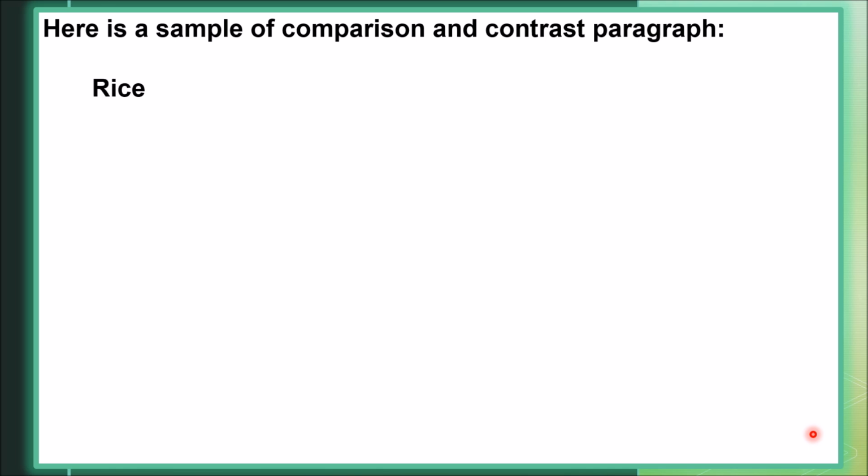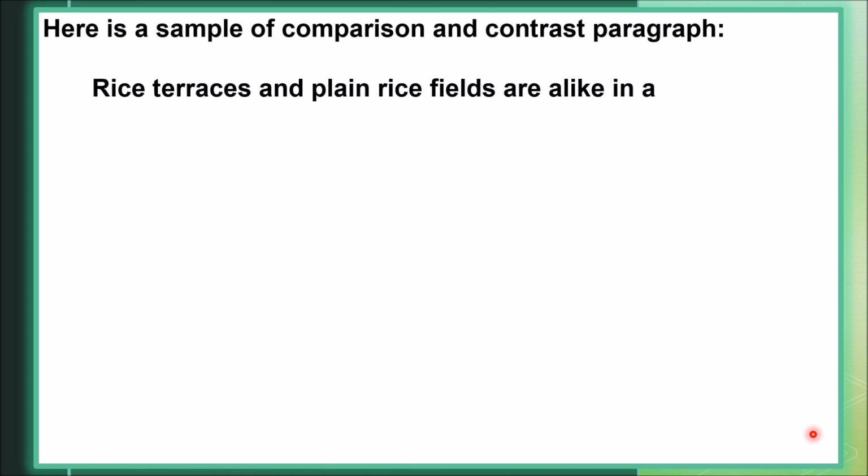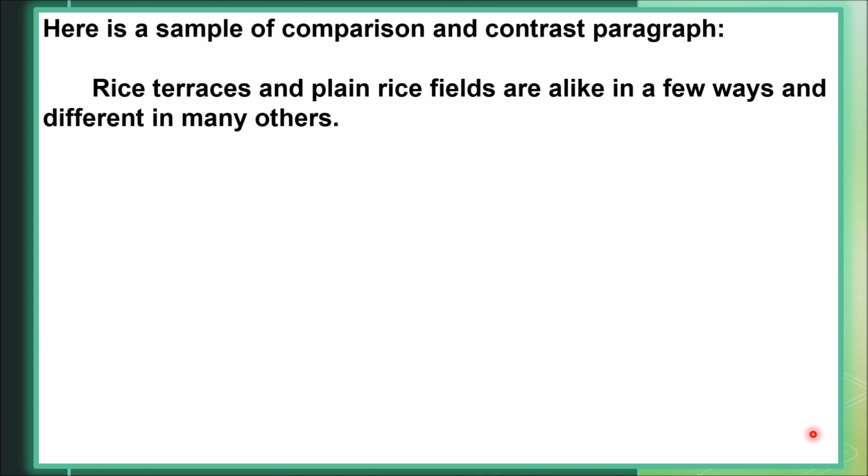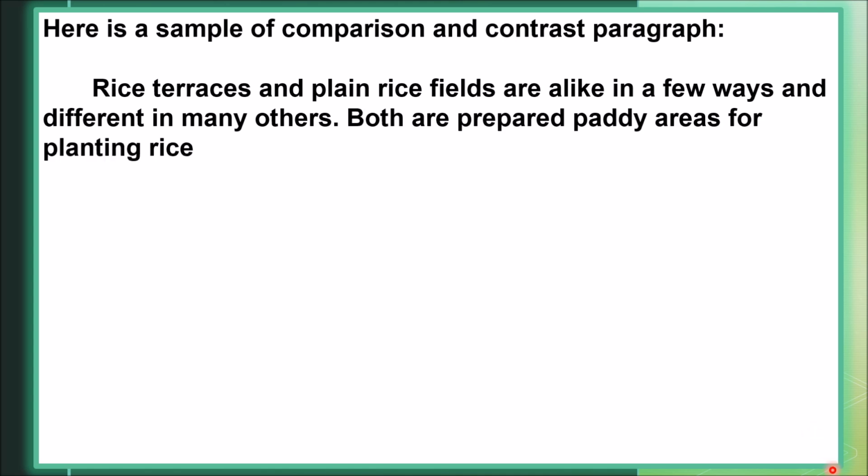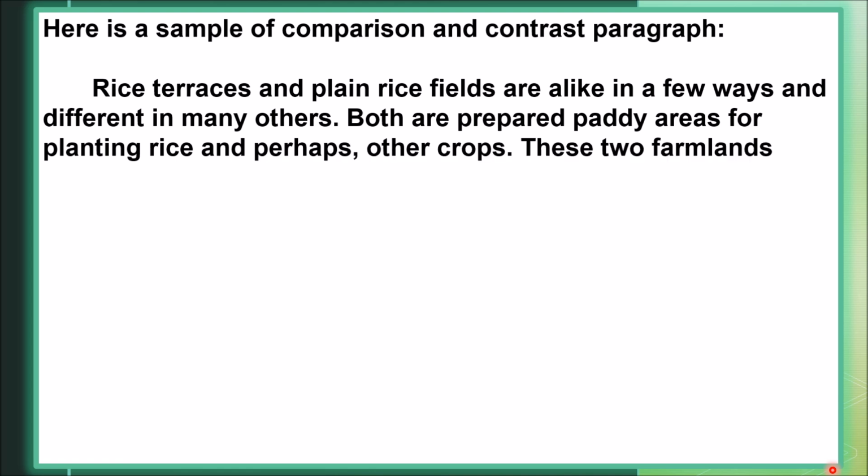Here is a sample of comparison and contrast paragraph. So, as we see this one about the comparison and contrast, this is the sample paragraph, okay? Rice terraces and plain rice fields are alike in a few ways and different in many others.